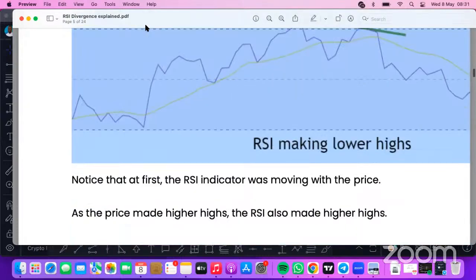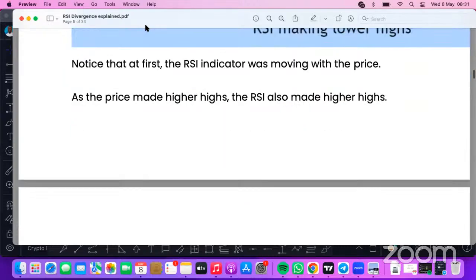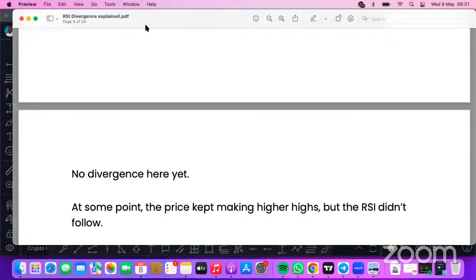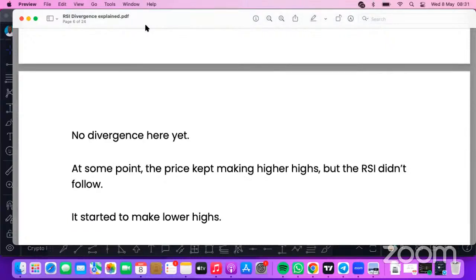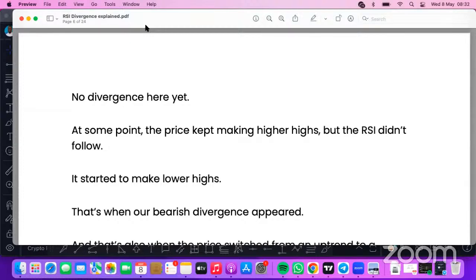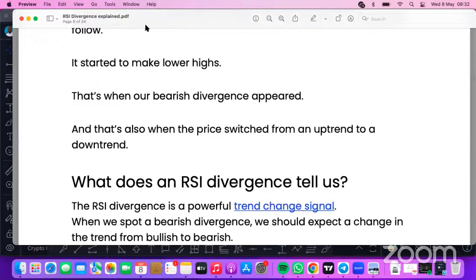But then later, we noticed that at first the RSI was moving with the price. As the price made higher highs, the RSI made higher highs too. But later, at some point, the price kept on making higher highs, but the RSI did not follow. It started making lower highs. Then our bearish divergence appeared.